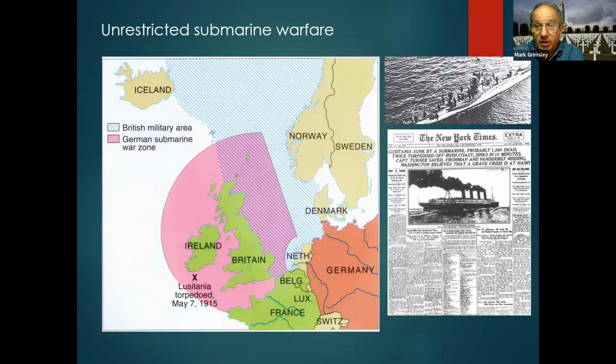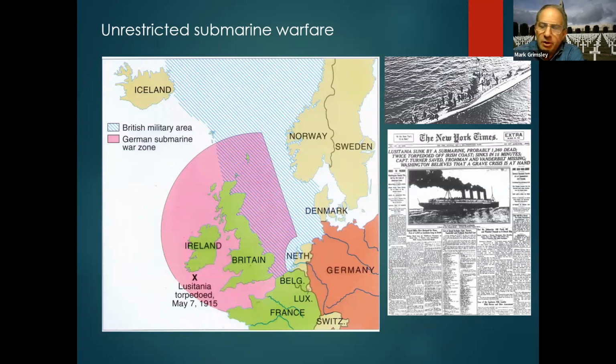And quite early on, it made worldwide headlines when a very large British ocean liner, almost as large as the Titanic, was torpedoed, with a loss of over 1,200 civilian lives off the coast of Ireland, May 7th, 1915.